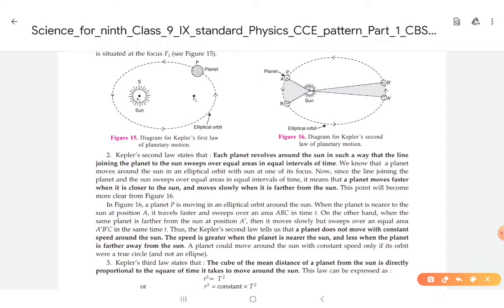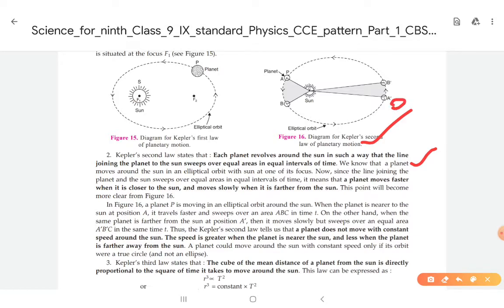Each planet revolves around the sun in such a way that the line joining the planet to the sun sweeps over equal areas in equal intervals of time. Okay, what does it mean? You can understand it by this diagram. Suppose this is a planet.